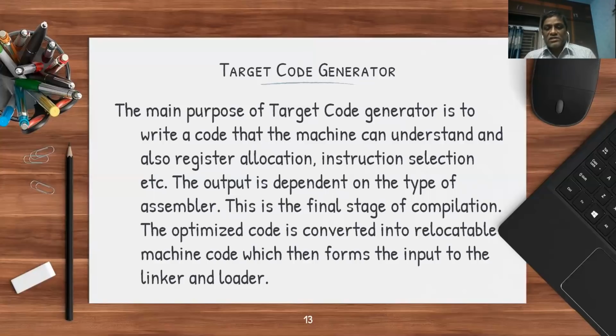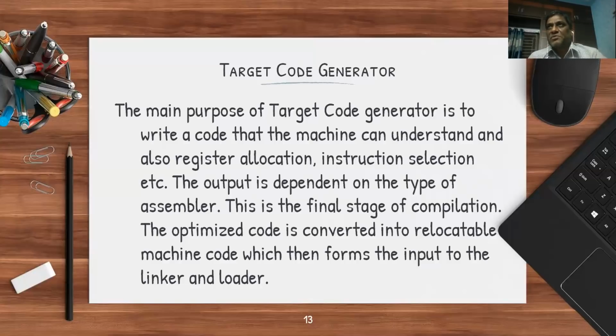Another job of the target code generator is that it also performs register allocation and instruction management. The output of this target code generator depends on the corresponding assembler being used in the system, because based on the assembler and the number of registers available, the target code will be generated.